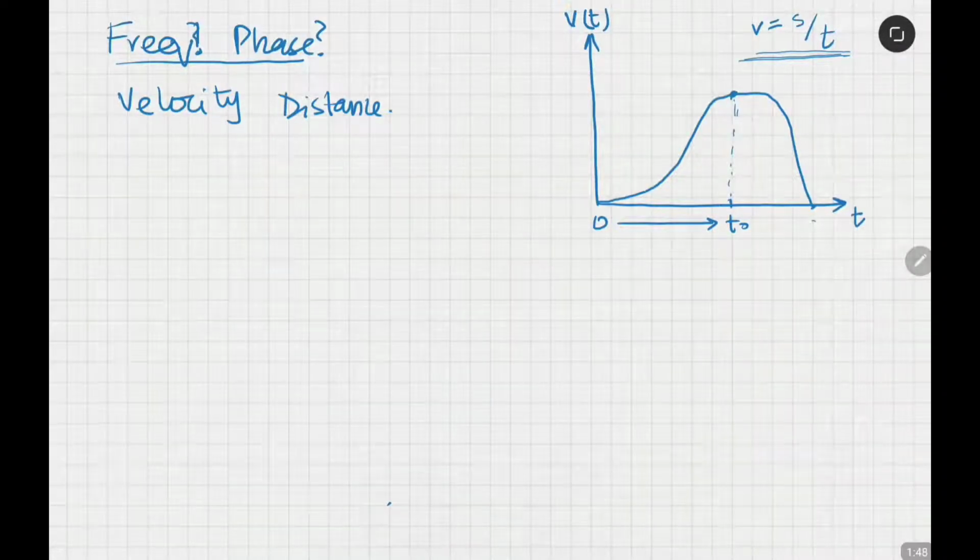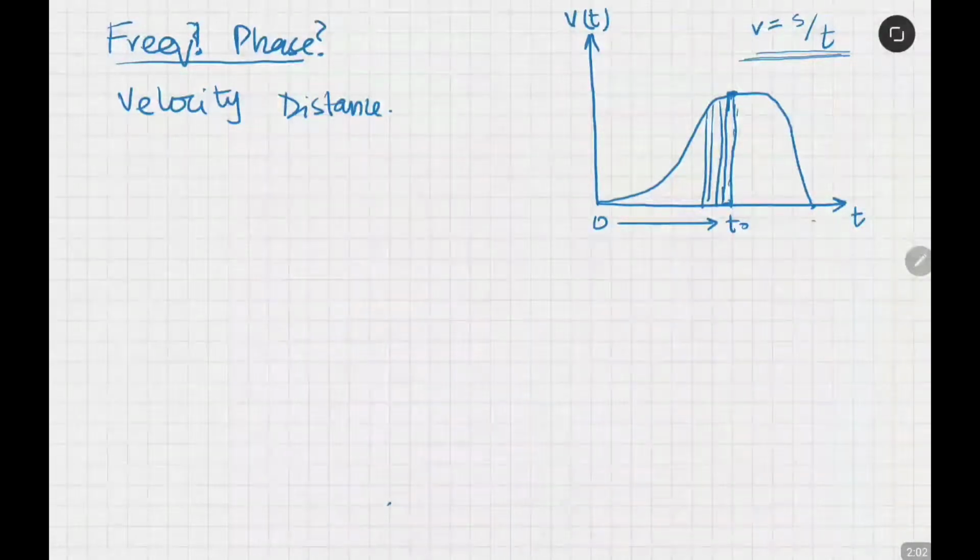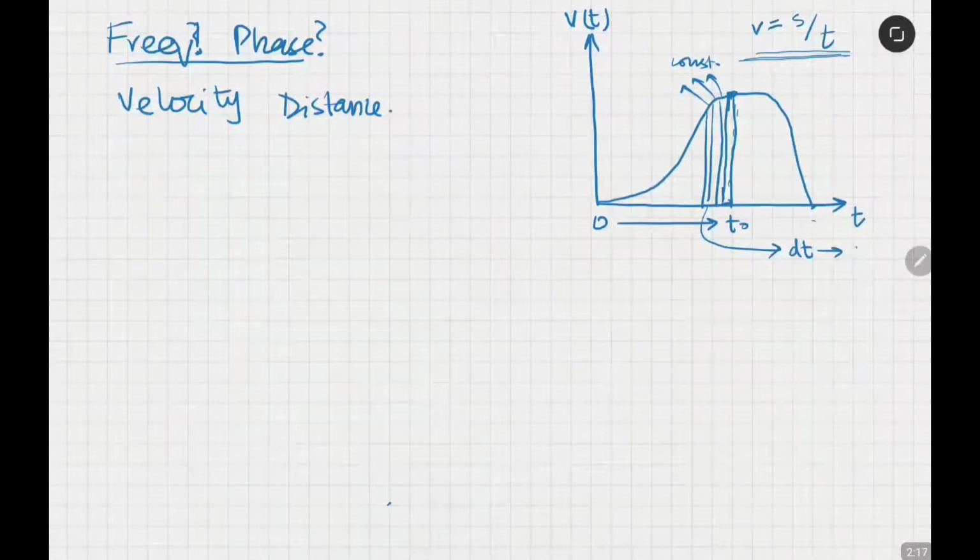we can take the help of calculus and we can divide this whole thing into small rectangles. All right. And we assume that for each of these rectangles, the height is constant. So the height is constant, right? And the width of each of these rectangles is, let's say, dt, and dt tends to 0.